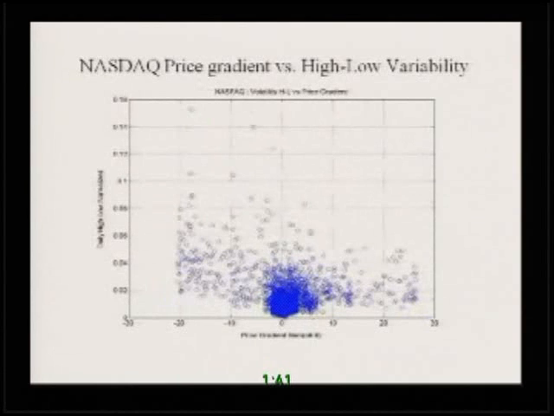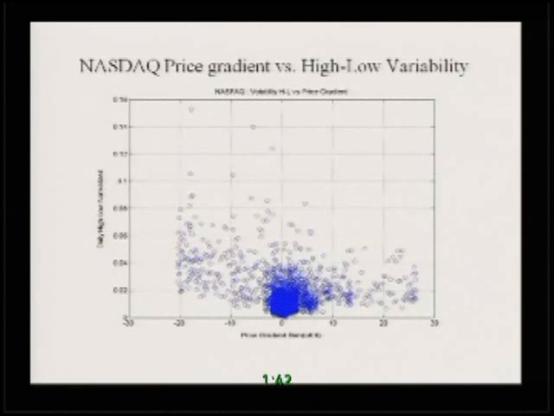And so I start to try to plot high-low variability with price gradient. The price gradient is determined by the mean. If I plot an overall trend, this overall trend that I got is from that C4 all the way to C9.